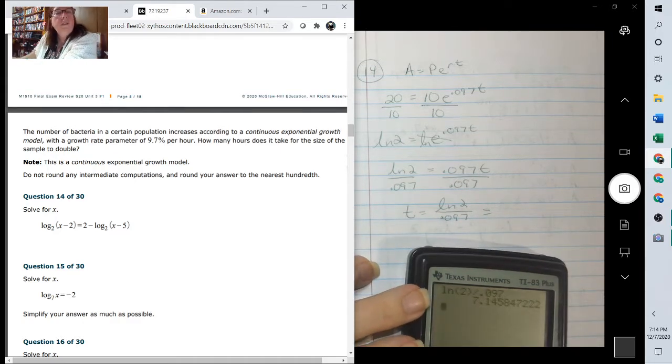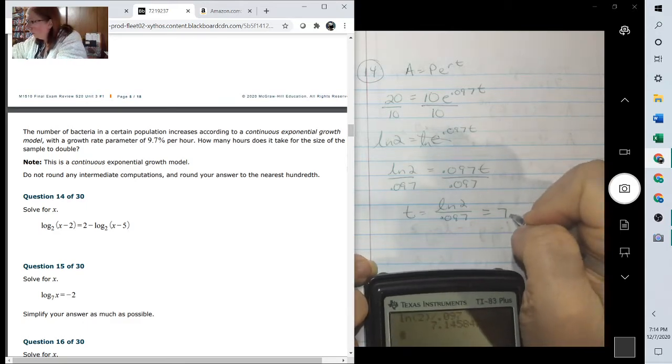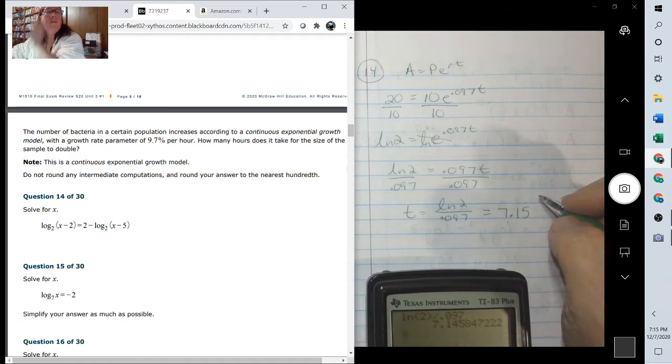And round to the nearest hundredth. That's 2 decimal places, so the 4 will move up to a 5, 7.15. And time was in, I think it was hours. Yeah, hours.